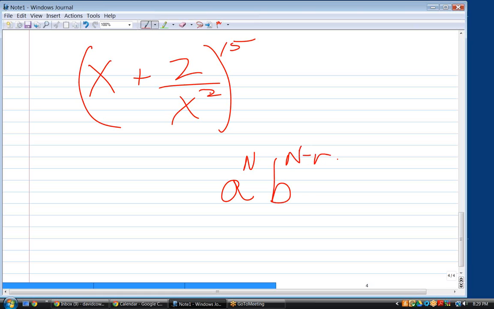There will be a constant term as we work through this series. At some point, the exponent on this is going to match the exponent on that. And then that will produce a constant, because the x's will cancel. So let's figure out where we have to go to get that.